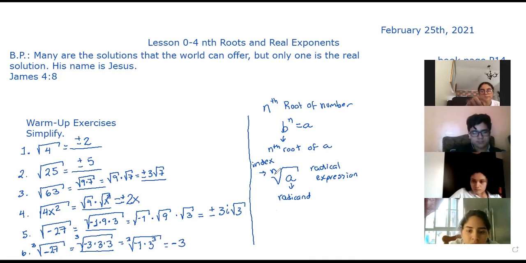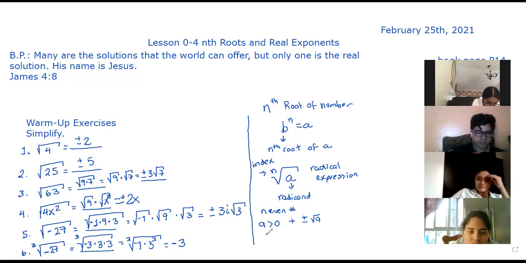If n is an even number and a is greater than 0, that means a positive number, you will have two roots, a positive and a negative.